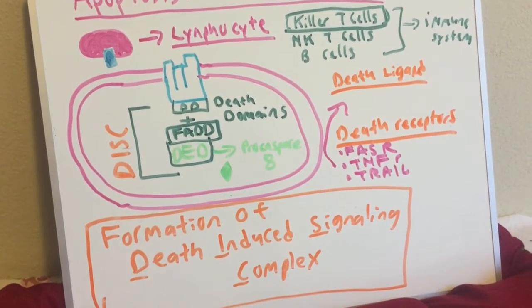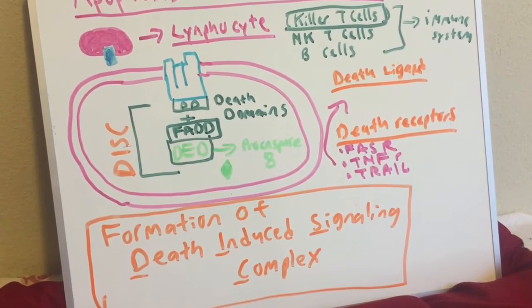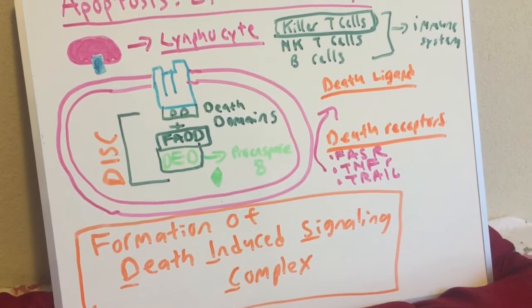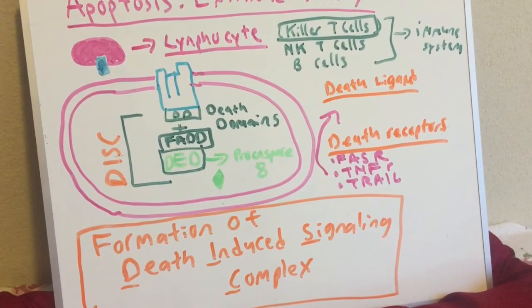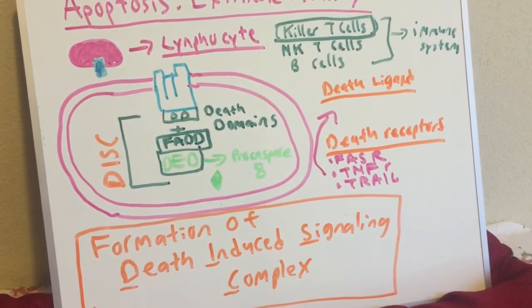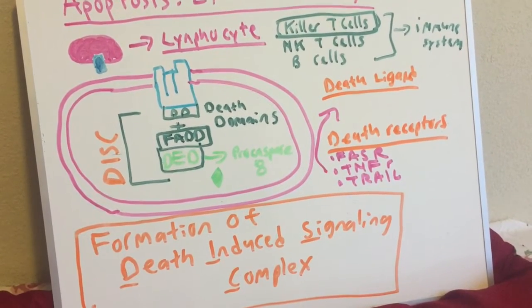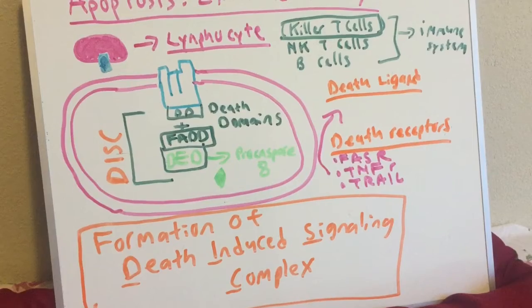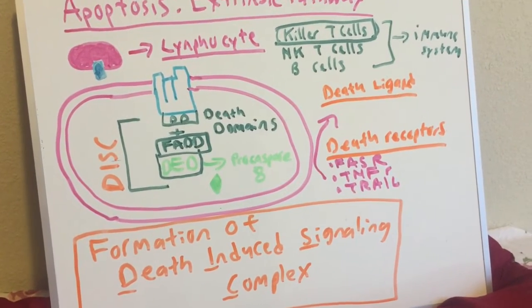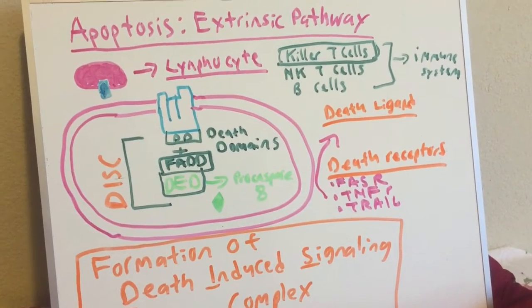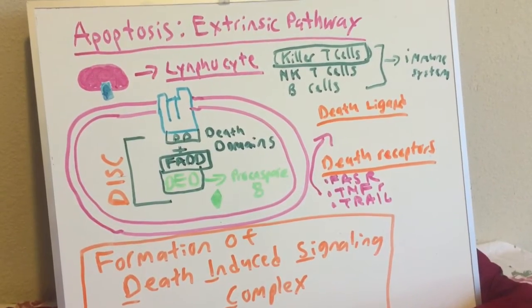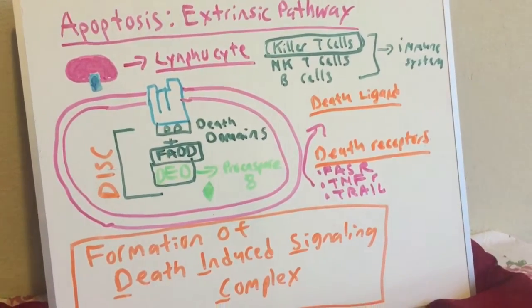This stands for death inducing signaling complex, which is completed once the inactive procaspase 8 is finally recruited with the death effector domain coming from the FADD adapter protein. This is all involved in the signal transduction pathway of the extrinsic apoptotic pathway.